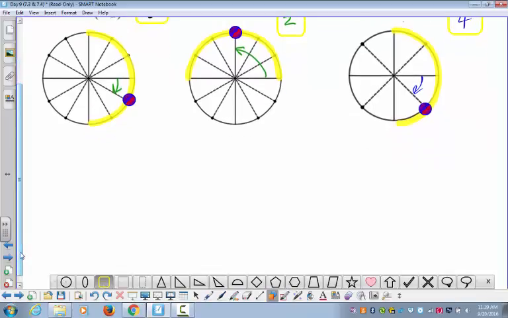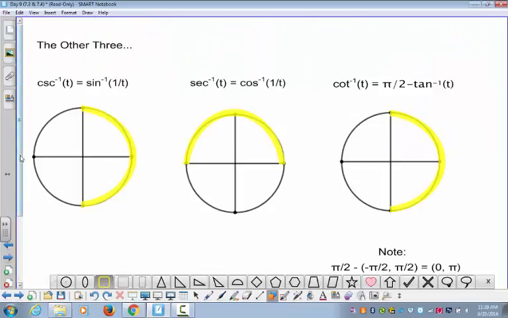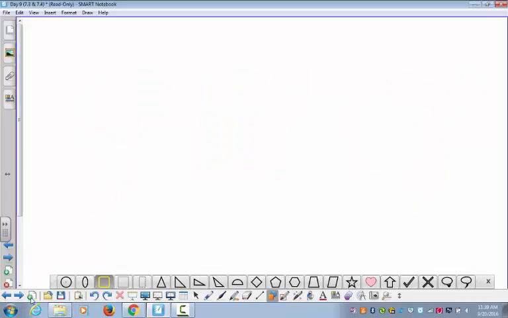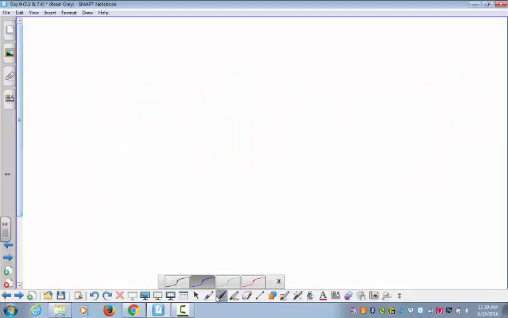Let's talk about the other three for a few minutes. And before we do the other three, I want you to work on a couple. Let me put some up here for you guys to work on. All right, so some examples. So let's see you do these guys.